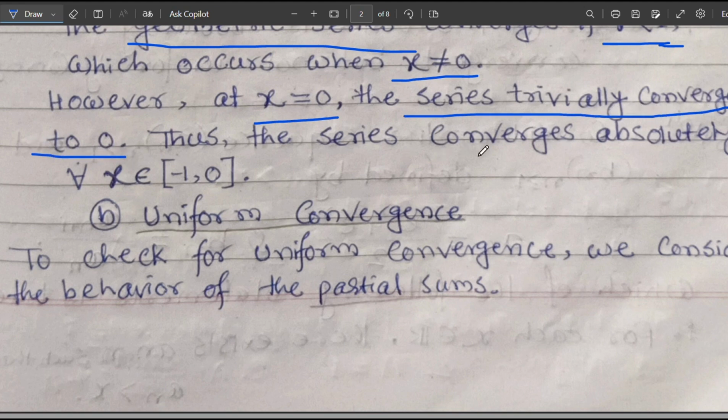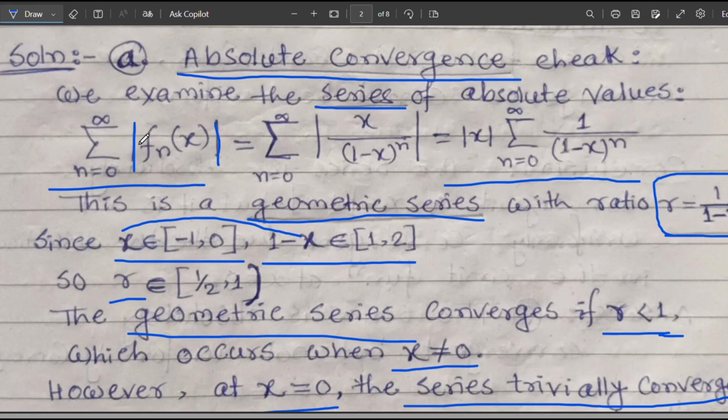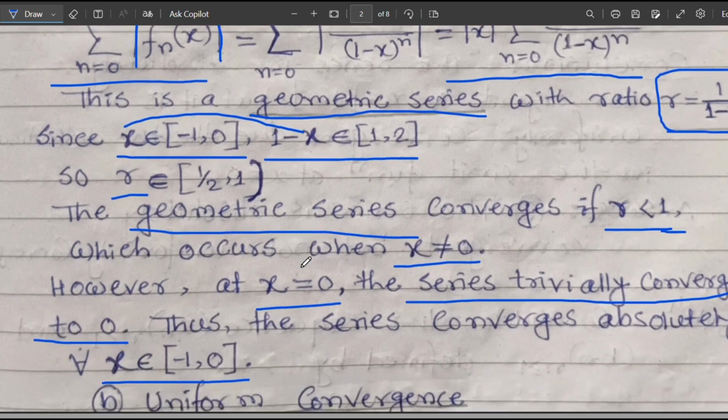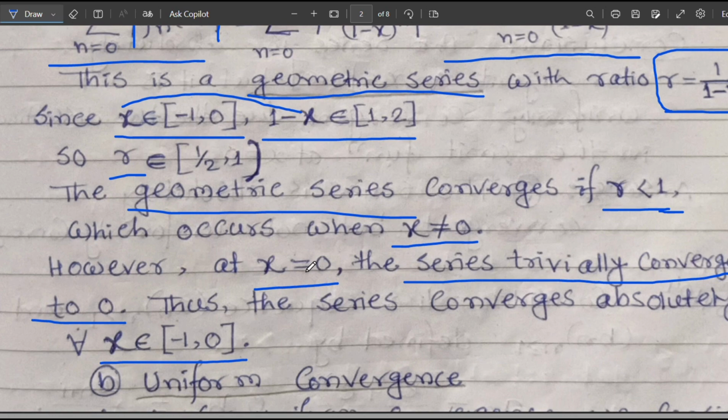Thus, the series converges absolutely for all x in the closed interval [-1, 0].